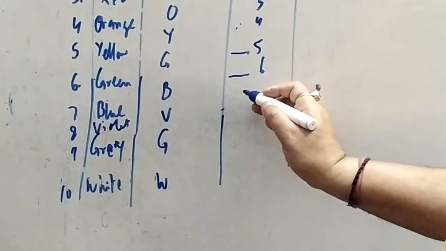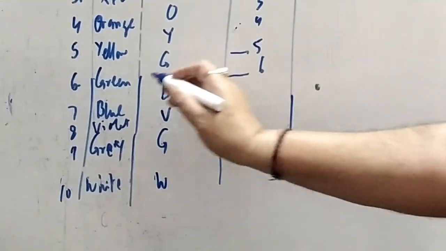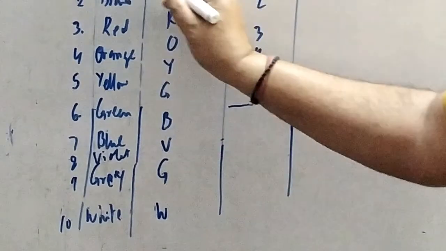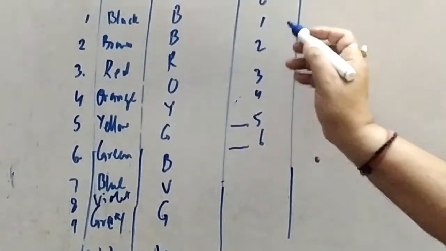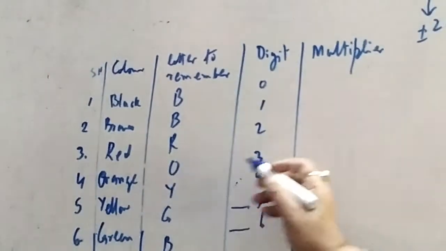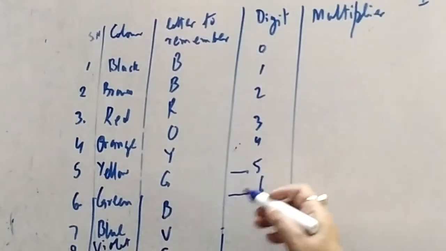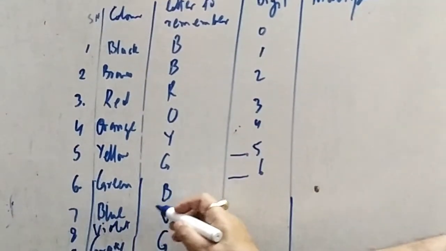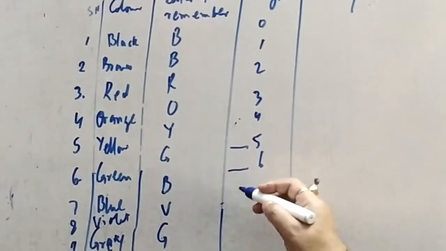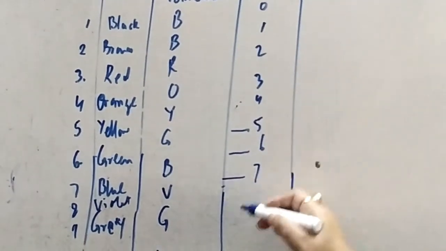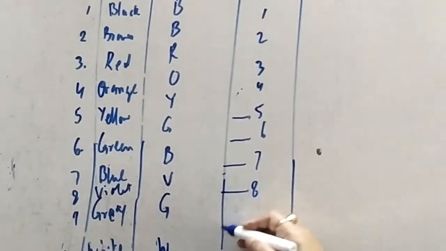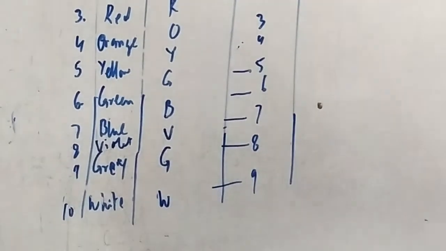This black stands for 0, brown stands for 1, red stands for 2, orange stands for 3, yellow stands for 4. This green stands for 5, and this blue stands for 6, violet stands for 7, gray for 8, and white for 9.